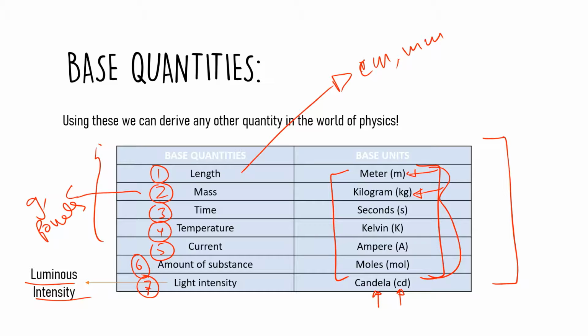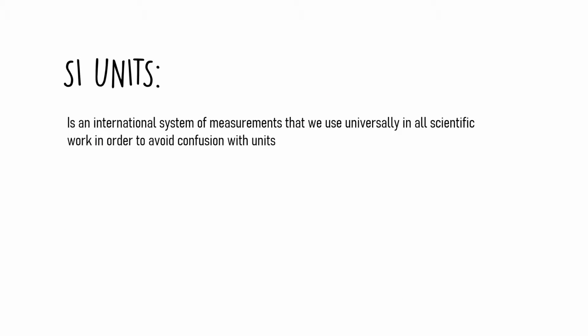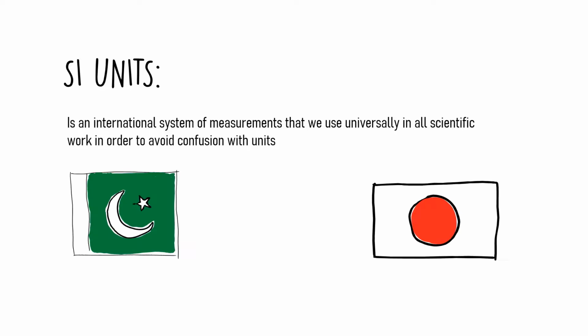And the answer is these are known as their SI units. Now, what are SI units? SI units is an international system of measurements that we use universally in all scientific work in order to avoid confusion within units. What do we mean exactly by this? Now, let's say that I'm from Pakistan and I make this research paper where I use some unit for length which I've made up myself.